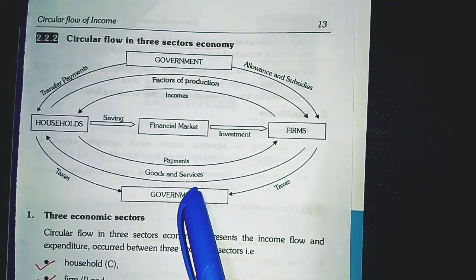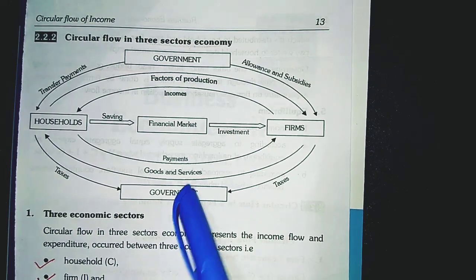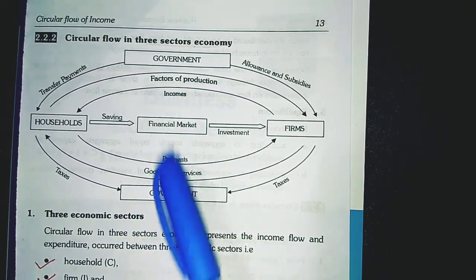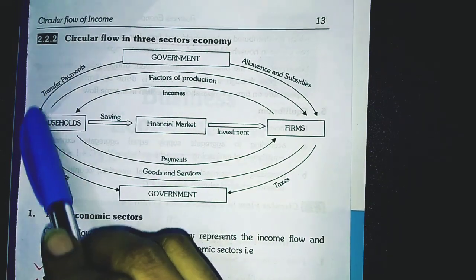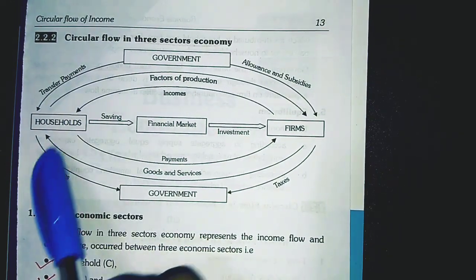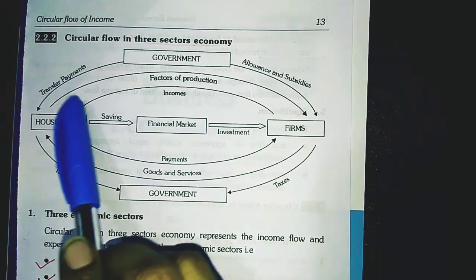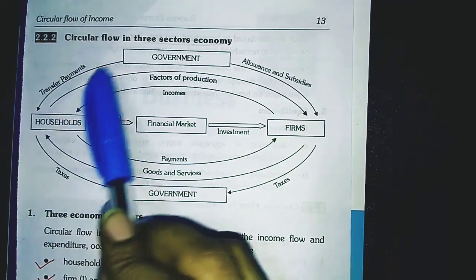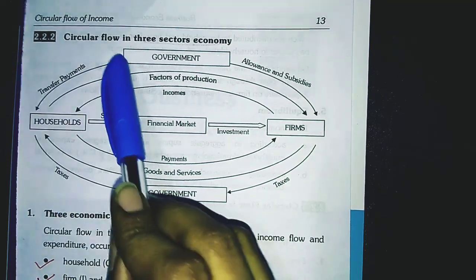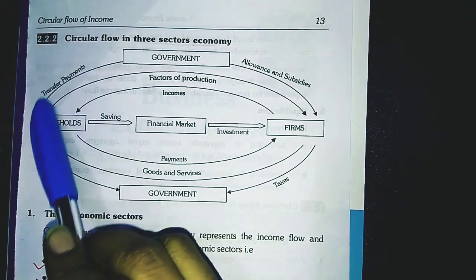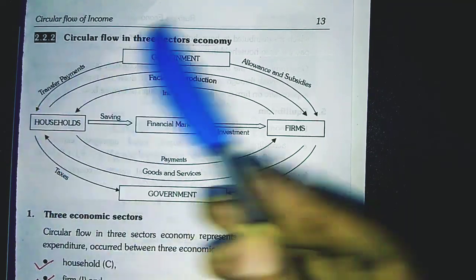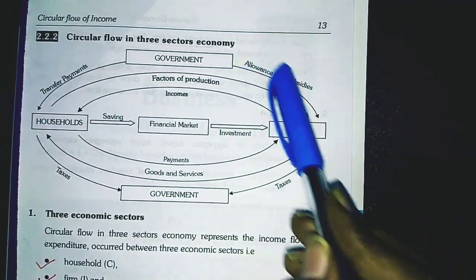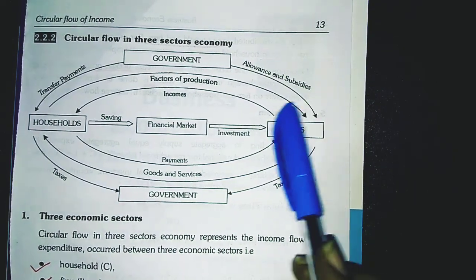Now, this tax amount, whatever they are collecting, what is the government doing with that money? They are making the payment to the household. Means if the household members are government sector employees, they are getting the income from the government, or the normal people are getting some sort of government grants. Then the government is providing allowances and subsidies to the firms.